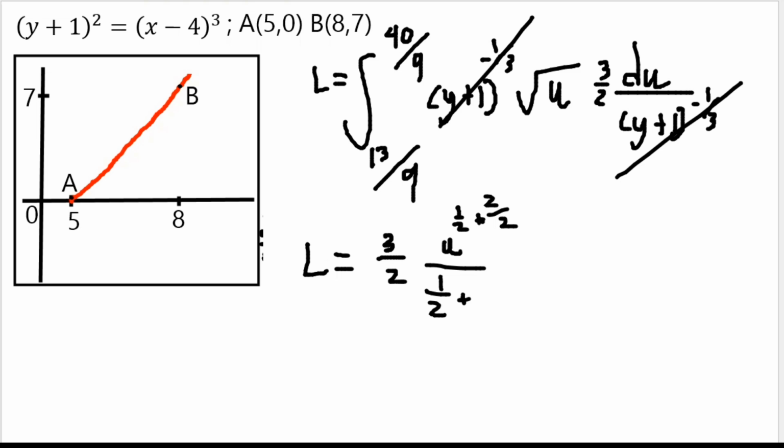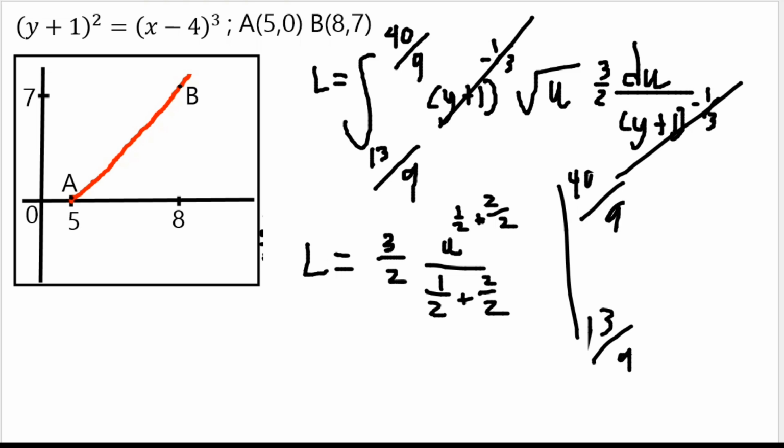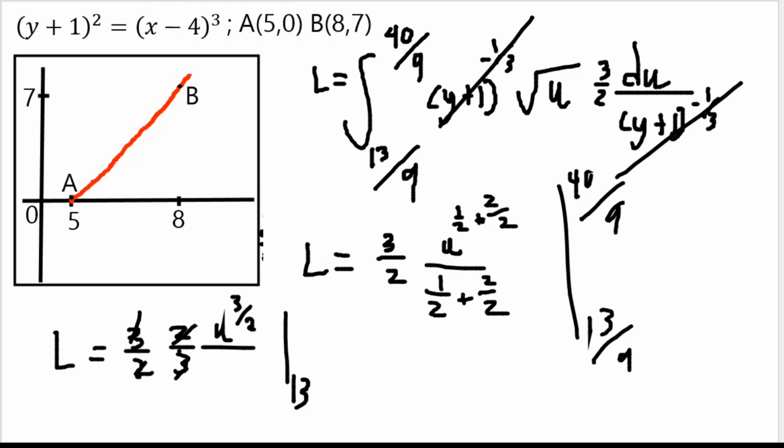So 1/2 plus 2/2 is 3/2, and then from 13/9 to 40/9. Now we can simplify this: 3/2 times 2/3, and we can just cancel this, and still evaluated from 13/9 to 40/9.